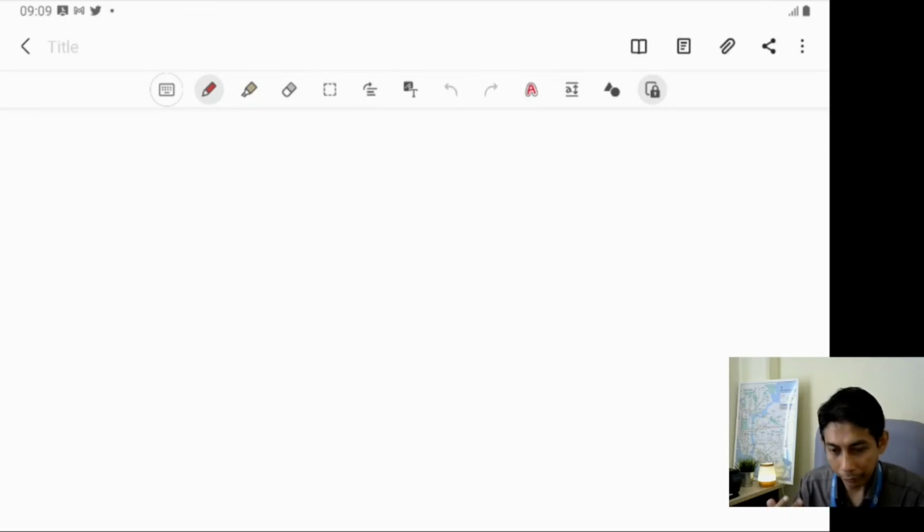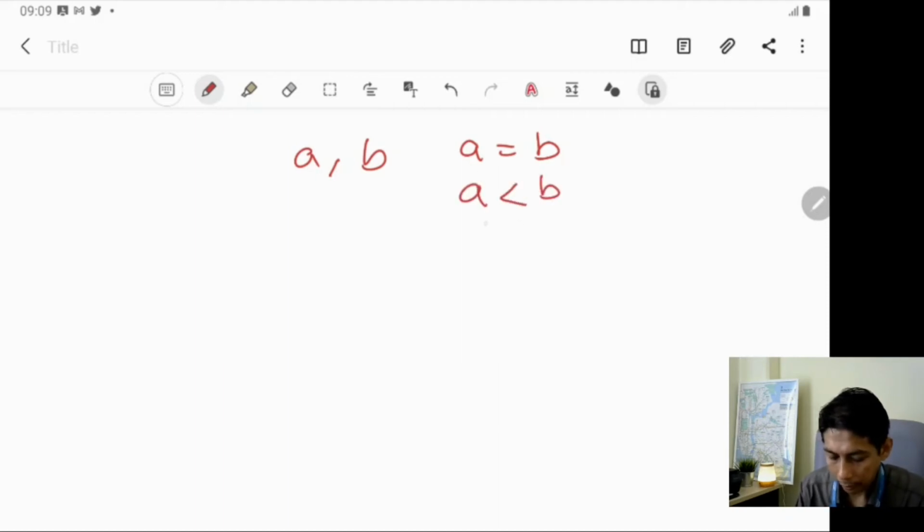So for example, we have two numbers A and B. We want to know whether A equal to B or not, or A less than B or not, or A greater than B or not, right?